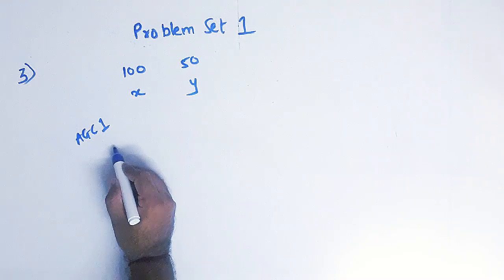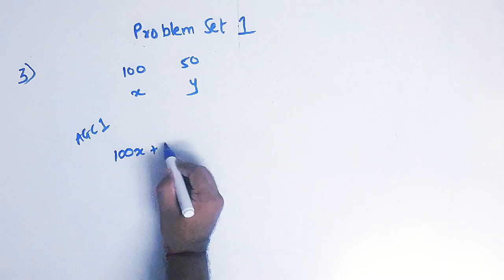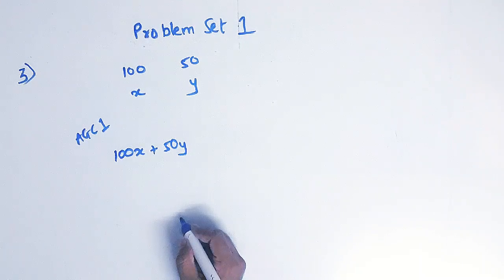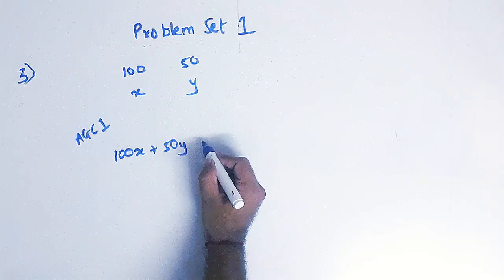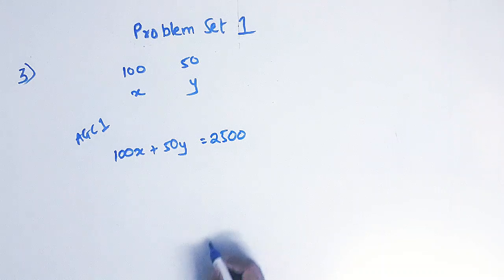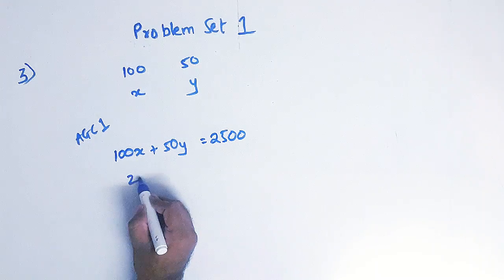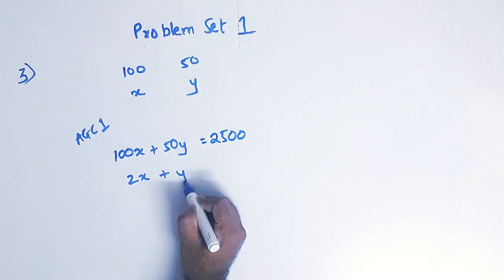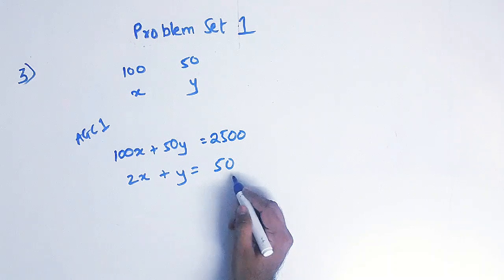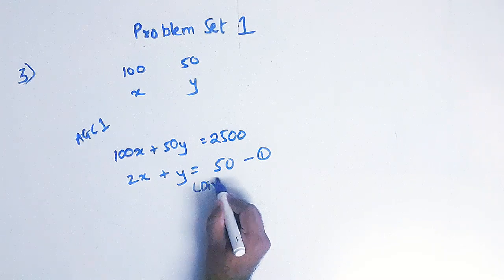So she got 100 notes of x plus 50 notes of y. Together it made up to rupees 2500. By which number will we divide this? Very easy, we will divide it by 50. 2x plus y is equal to 50, since 5 fives are 25 and this is 0. I'll give this as equation 1 and state dividing by 50.